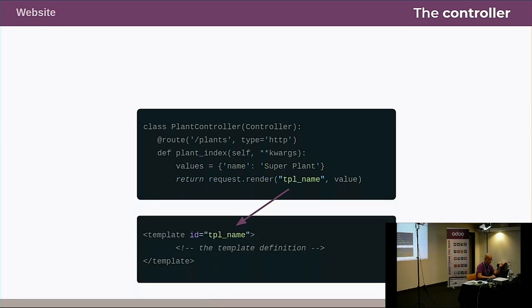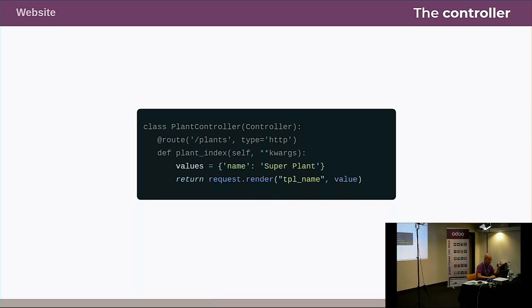And here, as you can see, we will see later how you can create the template in QWeb, and you use the XML identifier. This is the way we call it in Odoo. And here I call it my template TPL name, and you can see that it has the same idea. So that's it.